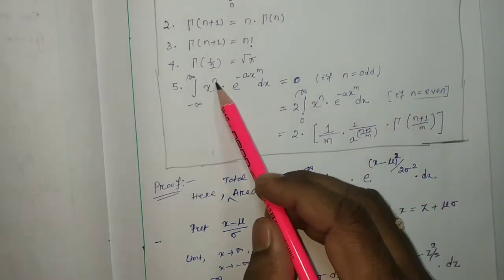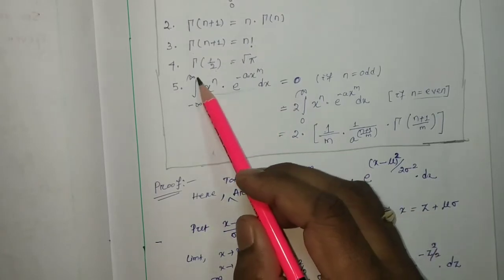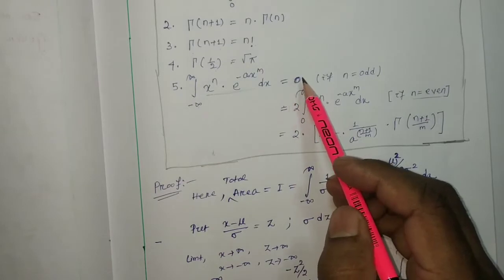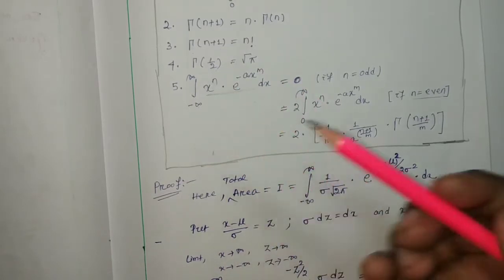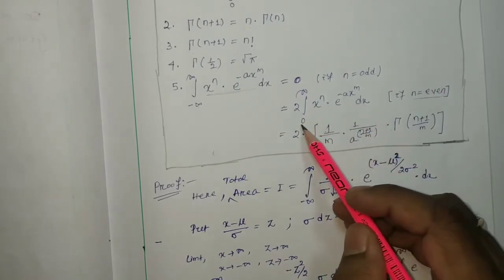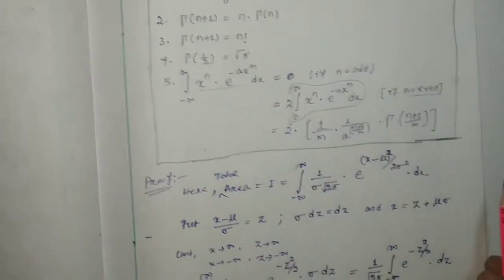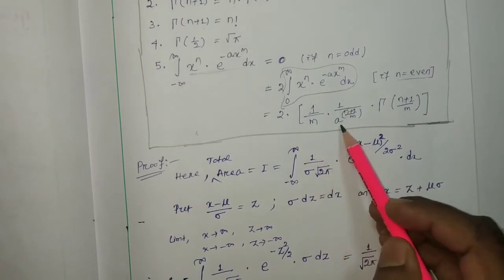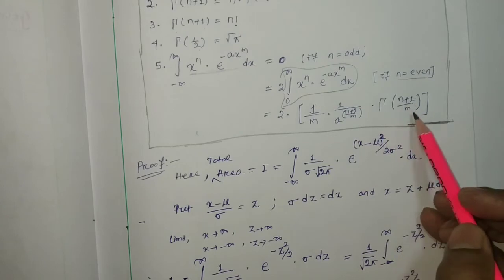If n is odd, then this total function will be odd, so with the limits minus infinity to infinity it will be 0. If n is even, then this whole function will be even, so we can write 2 into the integral from 0 to infinity. And the value of this integral, as I told you, is 1 by m into 1 by a to the power n plus 1 by m into gamma of n plus 1 by m.